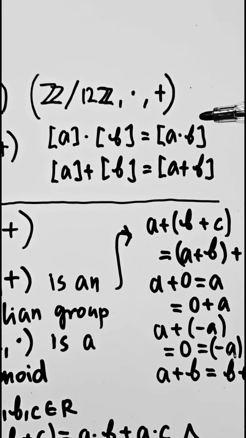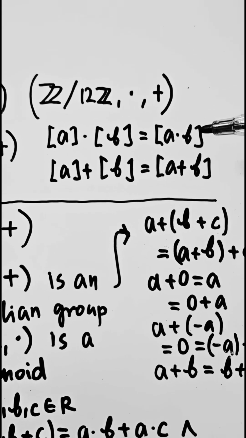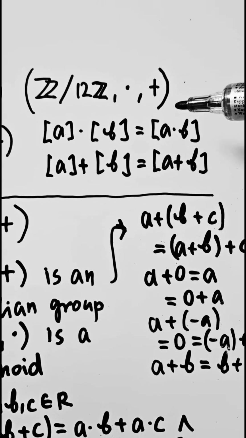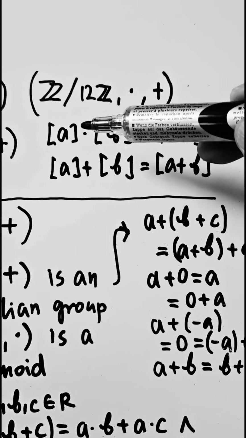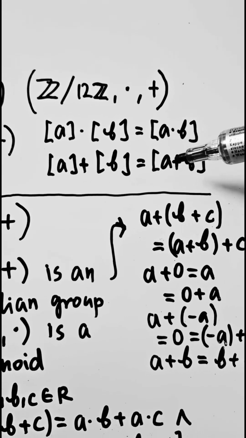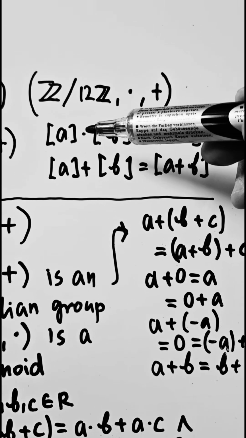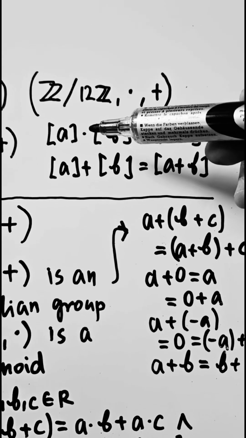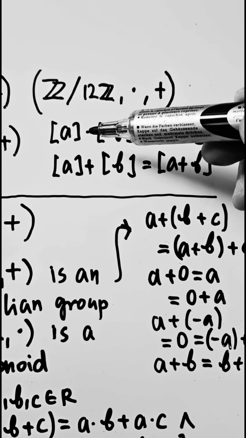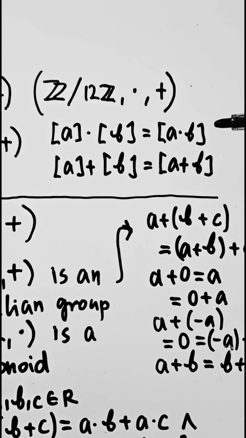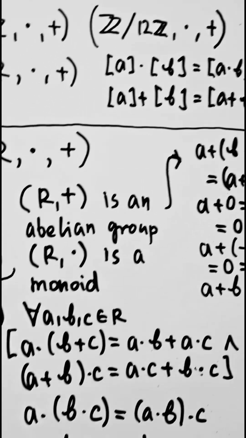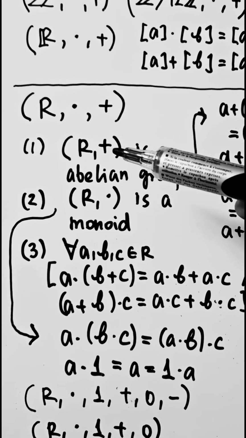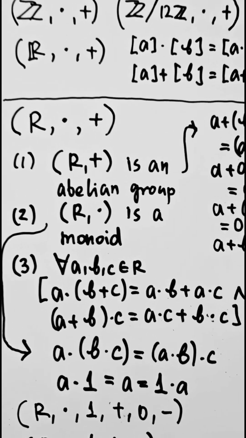This property is called the property of being well defined. One has to check that these formulas give a well-defined construction of dot and plus. After that, of course, one has to check also that the three axioms of a ring hold.